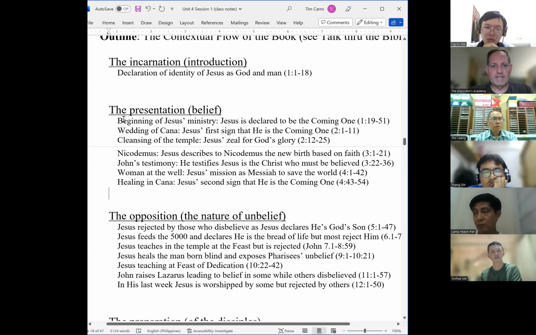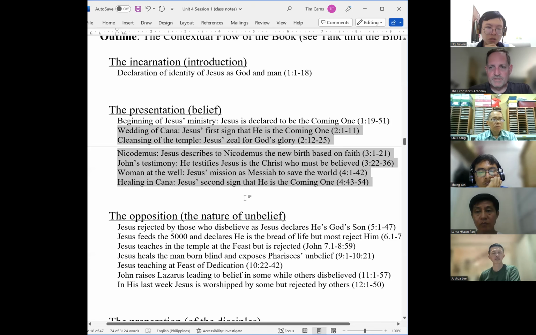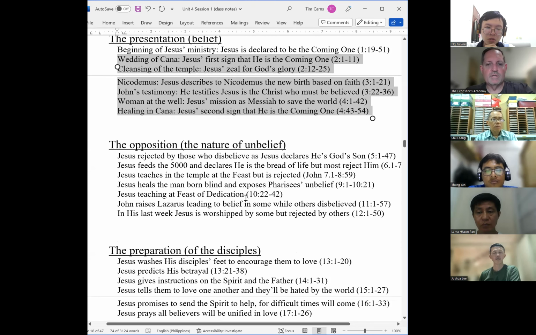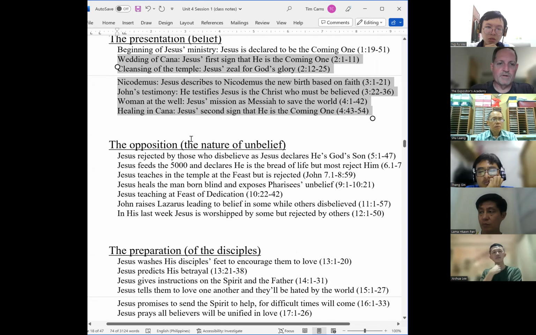This first section really presents Jesus and then presents key events that took place between his first and second signs. And then there's a shift in chapter 5. In chapter 5, John begins to give us several stories that focus on the nature of unbelief.